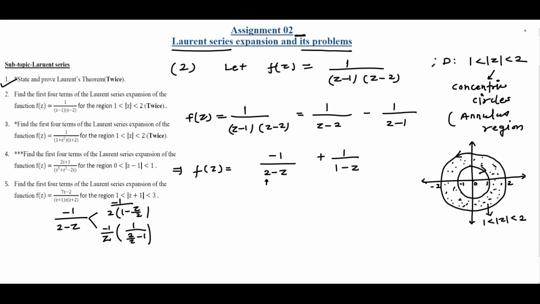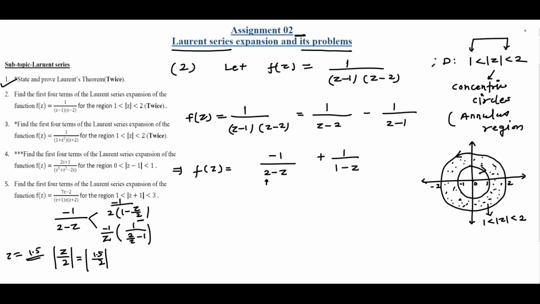But we have to take a point from the domain D. If I take z = 1.5 and put it here, then |z/2| is |1.5/2|.